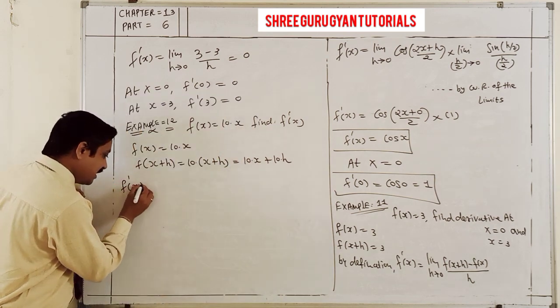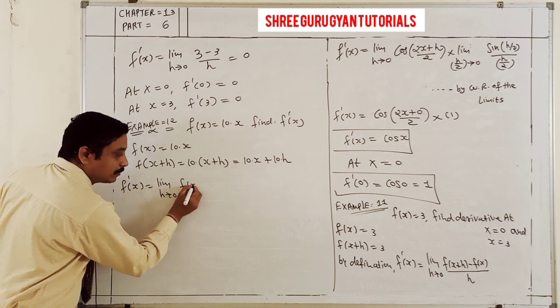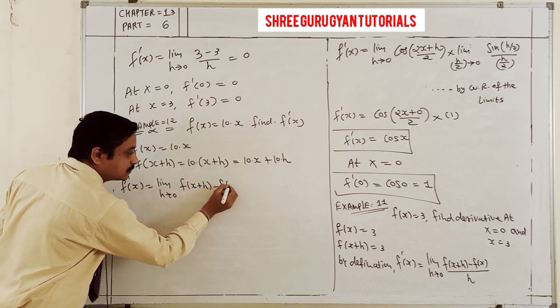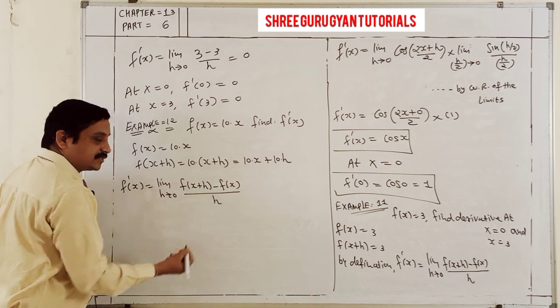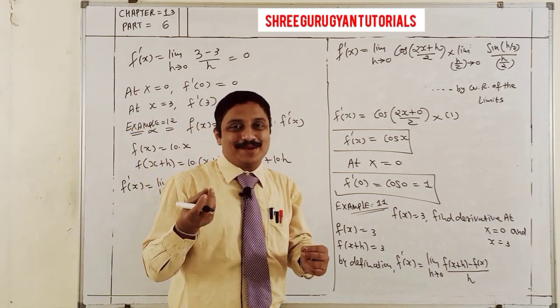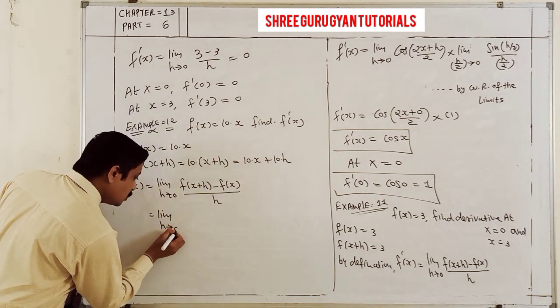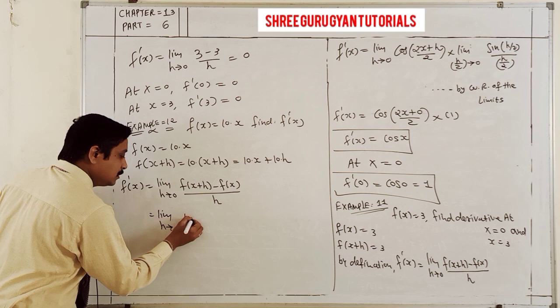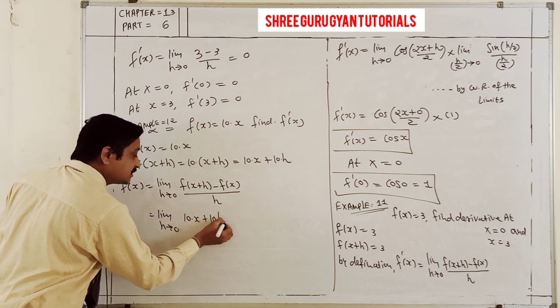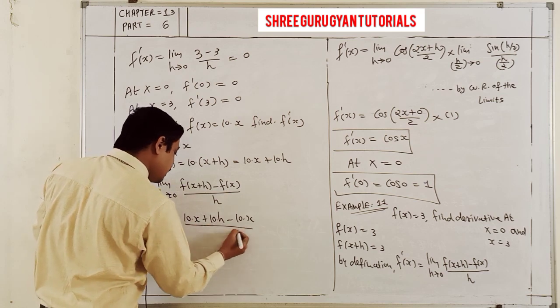f dash x is the limit as h tends to 0 of f of x plus h minus f(x) by h. Put down the values one by one. So the limit as h tends to 0, f of x plus h is 10x plus 10h. f(x) is also known, students, 10x, upon h.